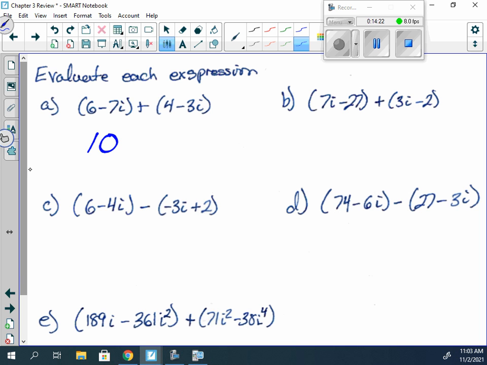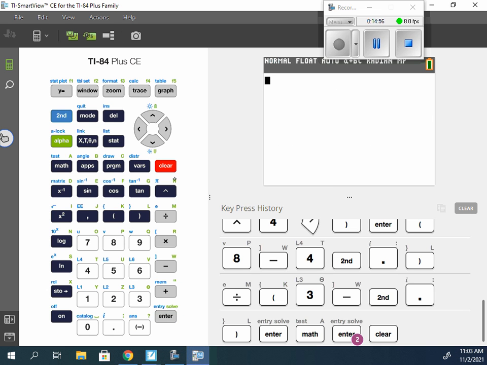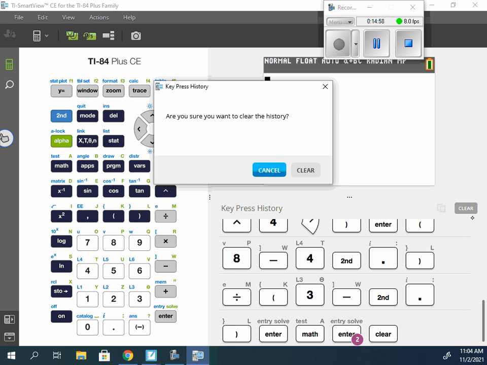Yeah, it'd be -10i. And that'd be it. This one too. Because we'd have 10 minus 10i. Clear.